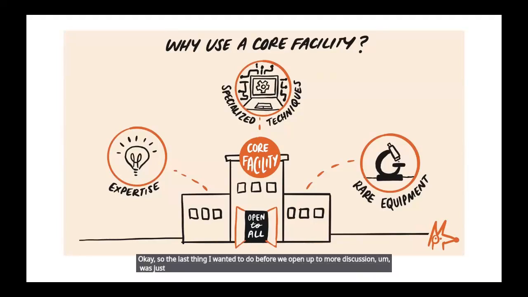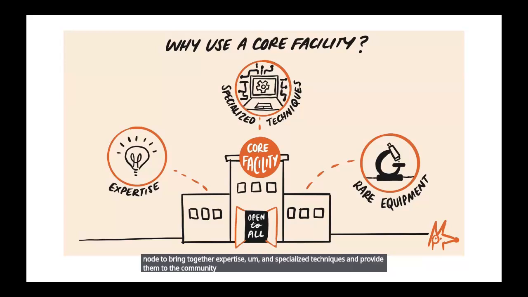Okay, so the last thing I wanted to do before we open up to more discussion was just to emphasize that all of this really relied on having interactions between core facilities. So that's one of the things I'm so excited about here at UNC is that we have the RDMC, which is officially a core facility, right? A node to bring together expertise and specialized techniques and provide them to the community.